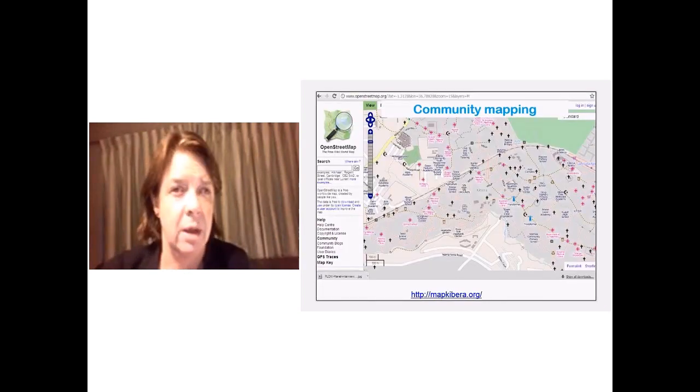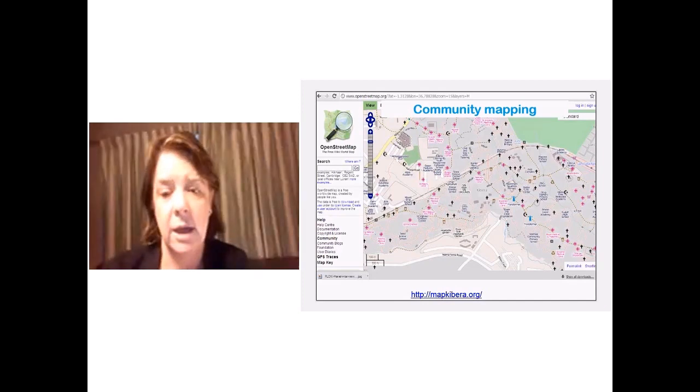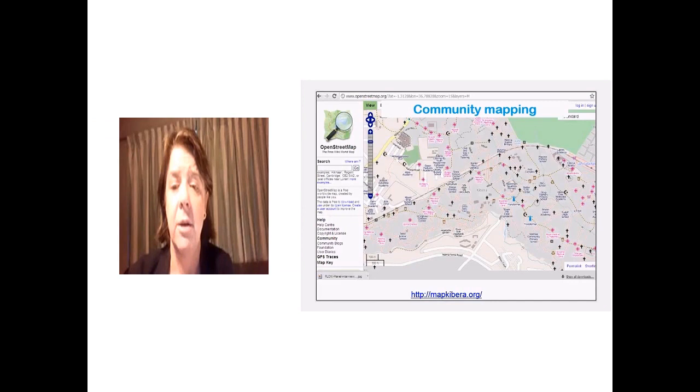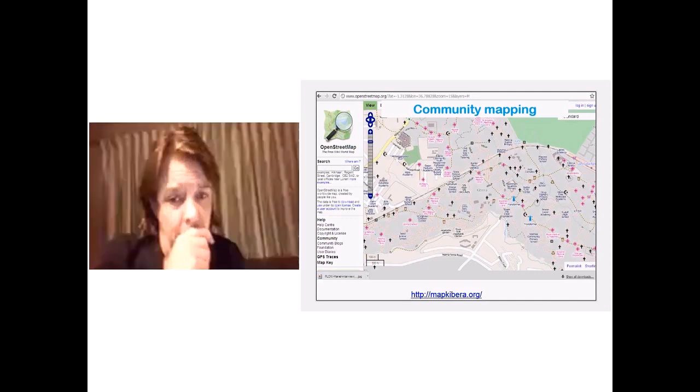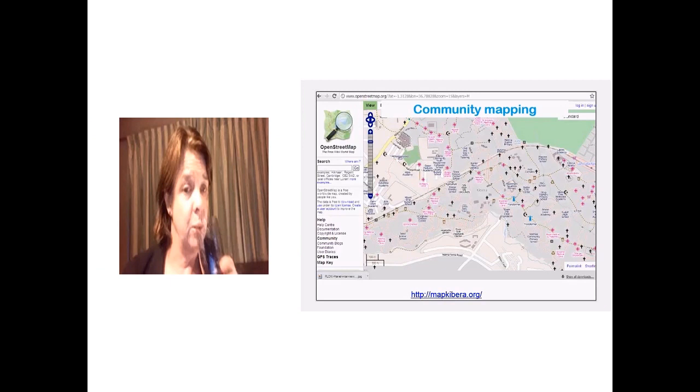You can do community mapping, where you actually go out and plot where resources are. So this is in Kibera, just in Nairobi, in Kenya, and it was people actually walking the ground with a GPS and mapping where facilities are, where the latrines are, where there's access to water.